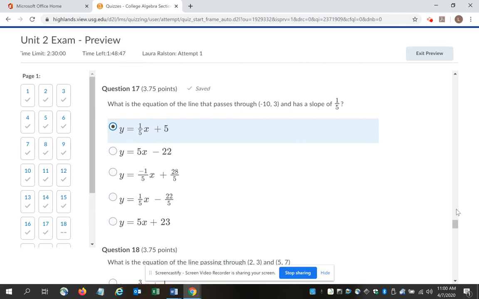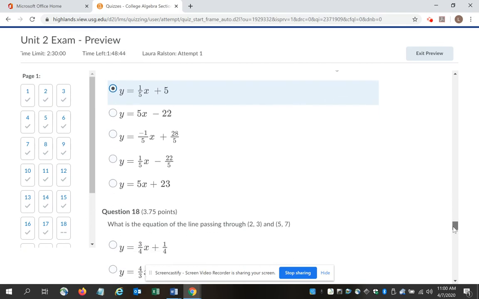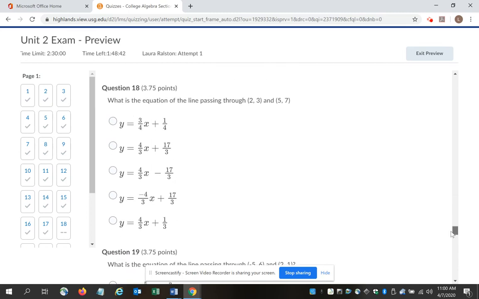All right, question 18 again asks me to write the equation of the line passing through the points (2, 3) and (5, 7). And again, as I mentioned to you last week, when you see that phrase, write the equation of a line, you want to think, I need the slope, a point, and I need to use point slope.